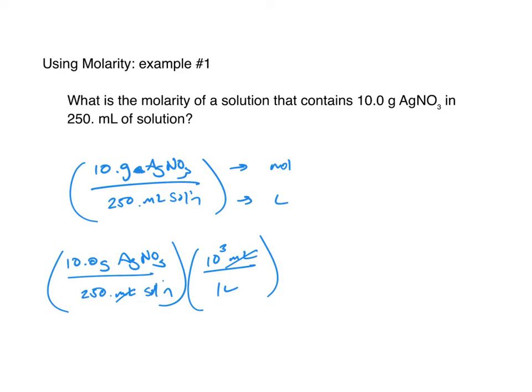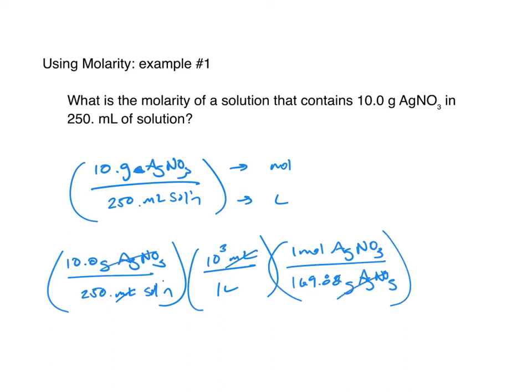I can use the periodic table to calculate the molar mass of AgNO3, which I find is 169.88 grams per mole. So for every 1 mole of AgNO3, I have 169.88 grams of AgNO3. So the grams of AgNO3 cancel out, and unit-wise I'm in moles of AgNO3 per liter of solution, which is the unit I want.